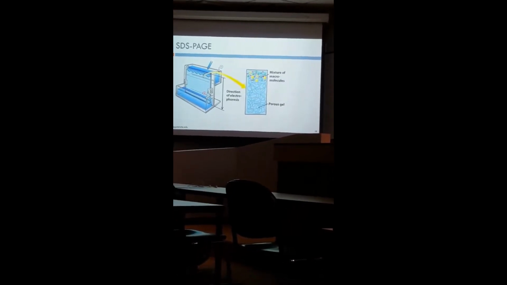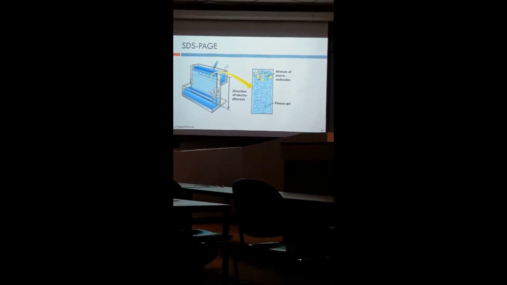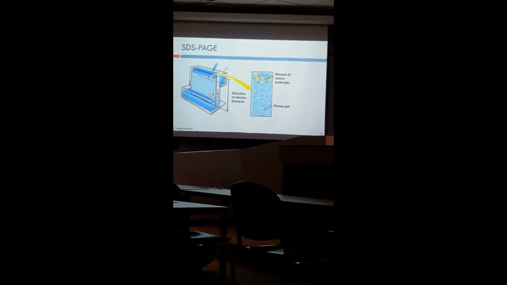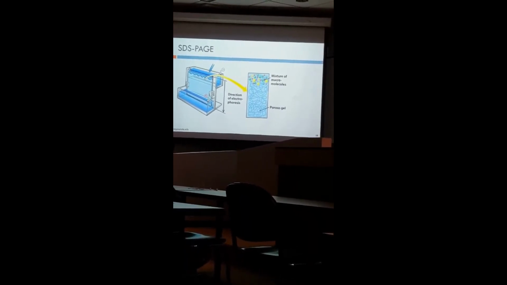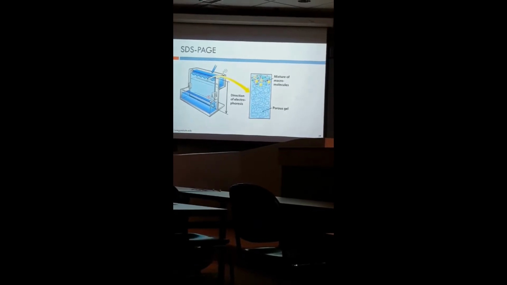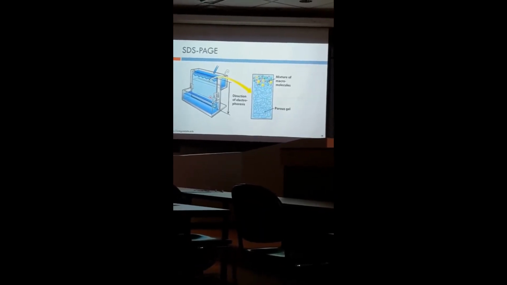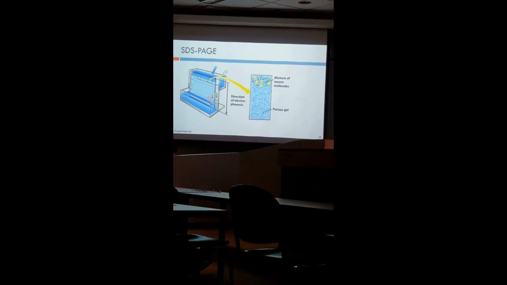So a quick overview of SDS-PAGE here. We have our sample gel in here, and it's got these little wells at the top. You can see the pipette coming down and loading the sample into that individual well. And then a current is sent through from the negative electrode to the positive electrode, and the mixture of molecules is then separated because of that current. They've got this porous gel, and at first all of the molecules are sitting at the top.